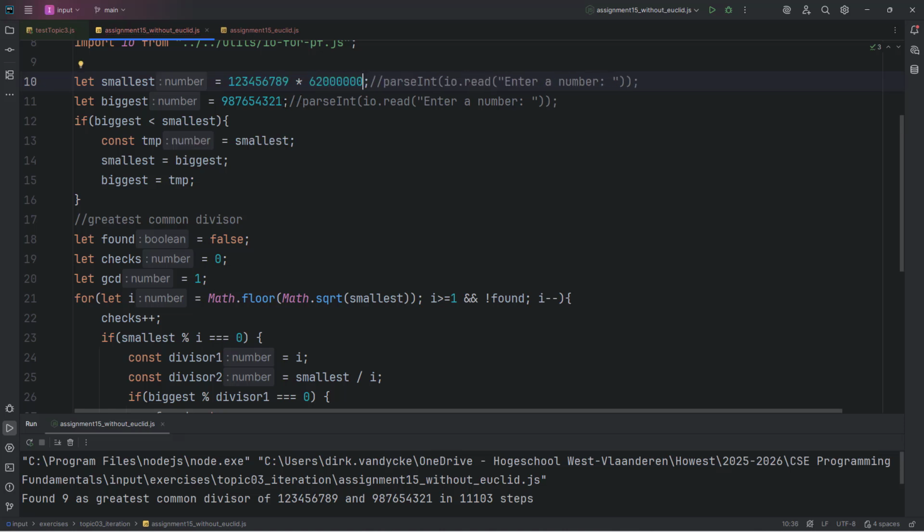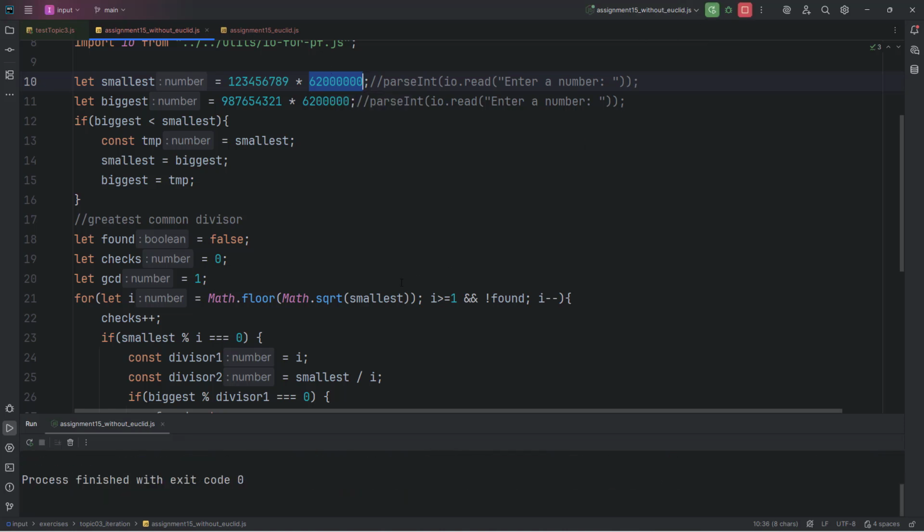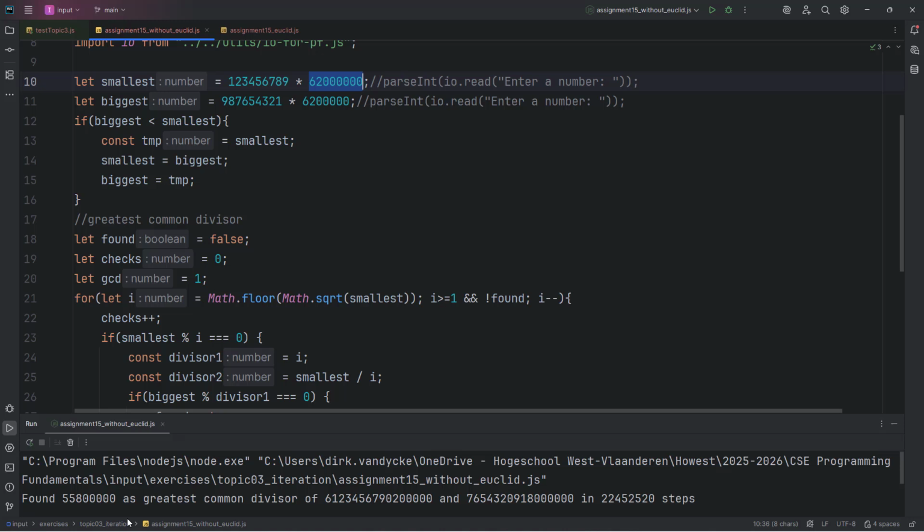Hope I don't kill the whole program because of me being too aggressive here. But now I have found a very big divisor that's in both numbers. So let's see if it comes up with this. Yes, and that's of course this number divided by some common stuff, I guess.